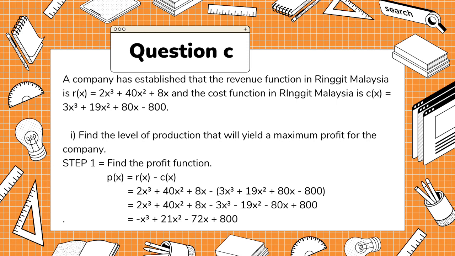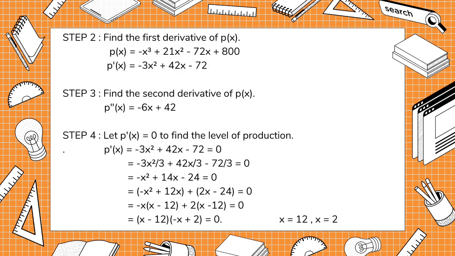Before that, we need to find the profit function. Total revenue minus total cost, and just substitute the information given into the profit function and we will get the answer: negative x cubed plus 21x squared minus 72x plus 800. Then we need to find the first derivative of P(x) using the power rule, and the answer is negative 3x squared plus 42x minus 72.